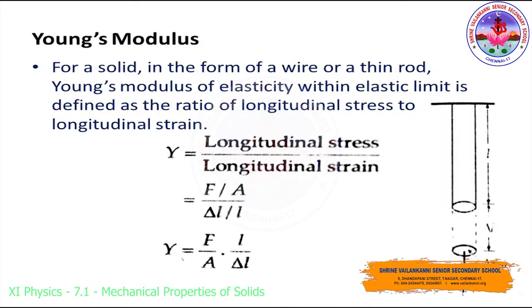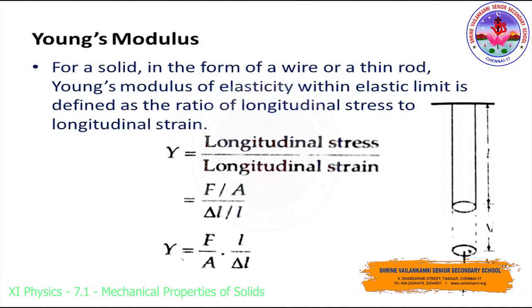We have given some force acting along the length L. Now the Young's modulus is equal to longitudinal stress by longitudinal strain. Longitudinal stress, which means tensile stress, is F by A, divided by longitudinal strain, which is the change in length to the original length, del L by L. Simplifying, we get Y equal to F by A into L by del L. Got it?